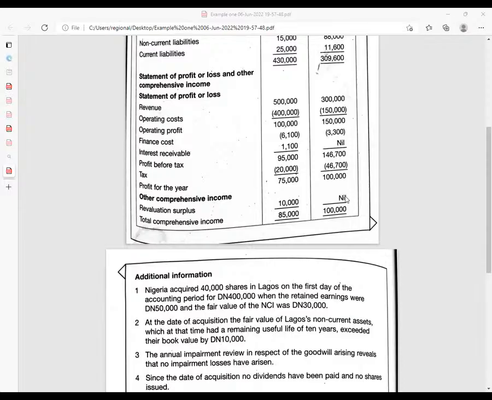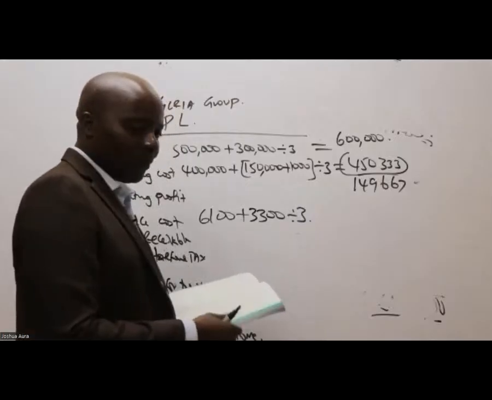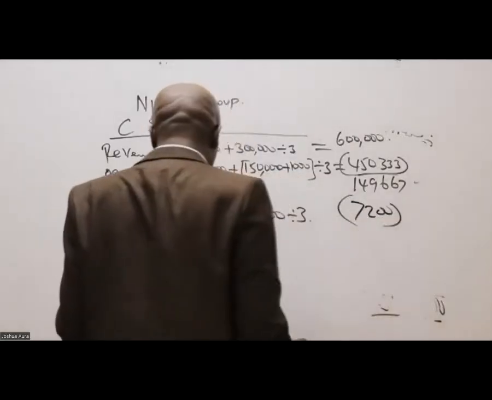But you see, this 3,300 has to be translated, so divided by the average rate, which is 3. Could you kindly give me this finance cost figure? 7,200, I'm supposed to deduct that.